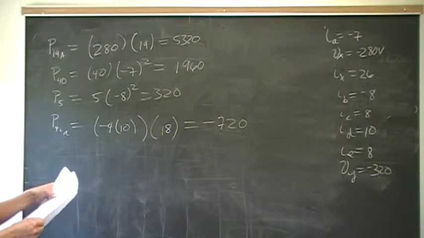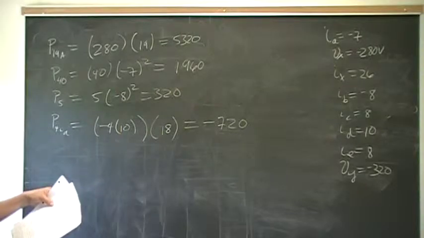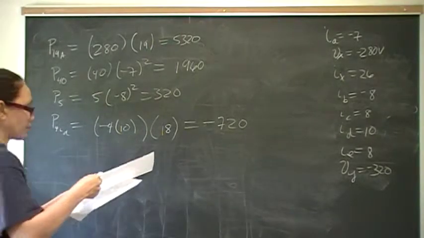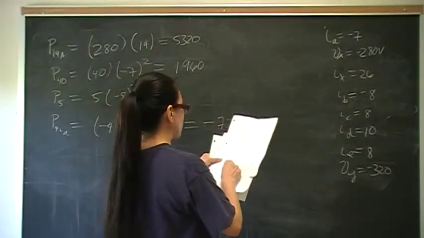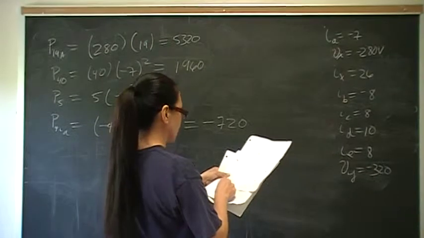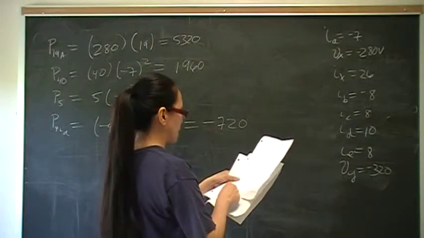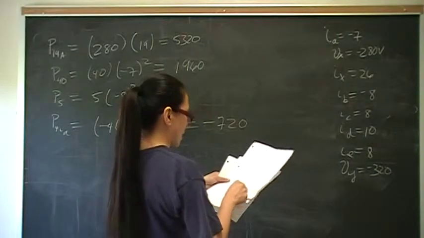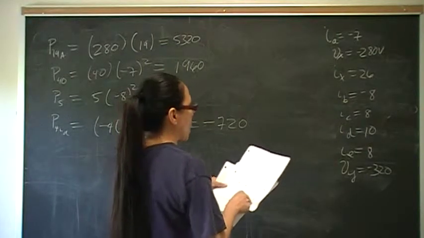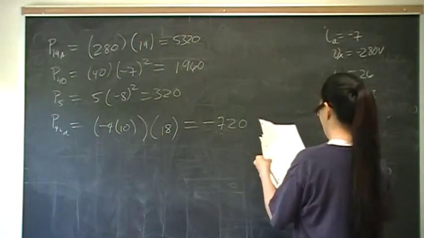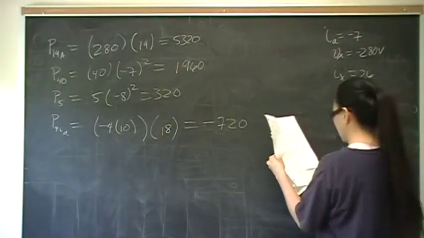Ix is 26. 26 minus 8. ID is 10. IC is 8. Here's the problem. IE is 18. IE is 18.